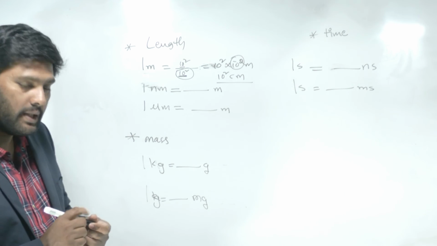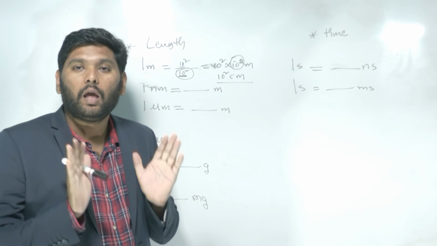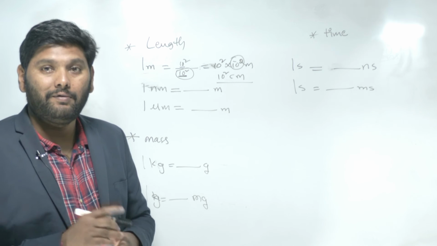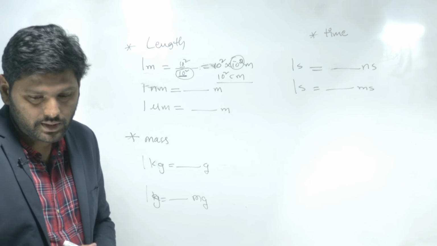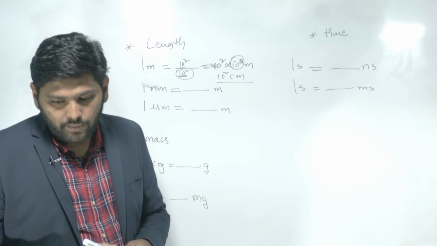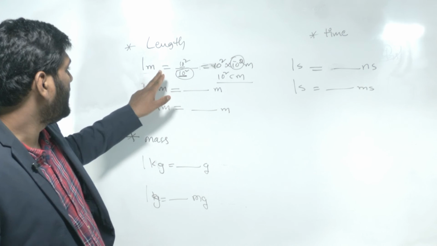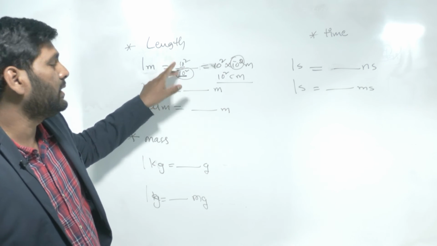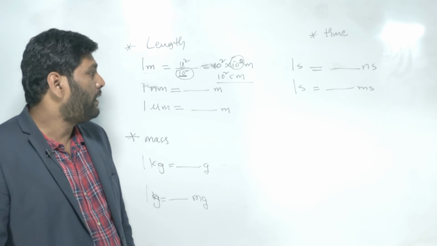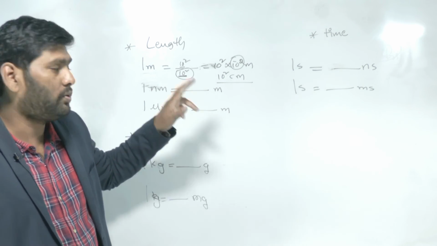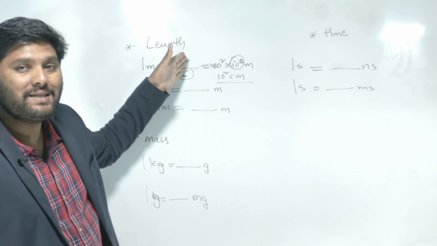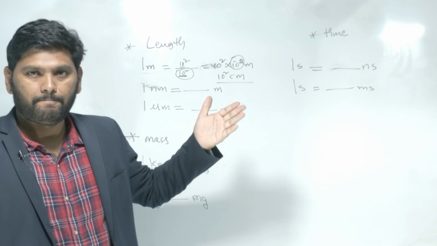Just look here, I have done a mathematical manipulation. What is that manipulation? I multiplied and divided with 10 power 2. When I multiply and divide with 10 power 2 and cancel it, you get the same thing, isn't it?